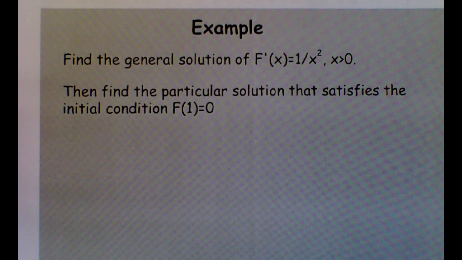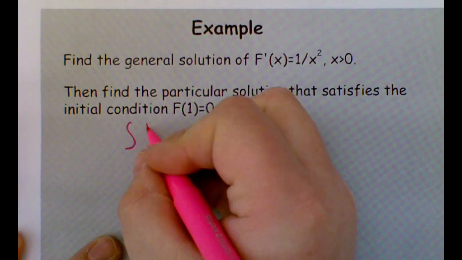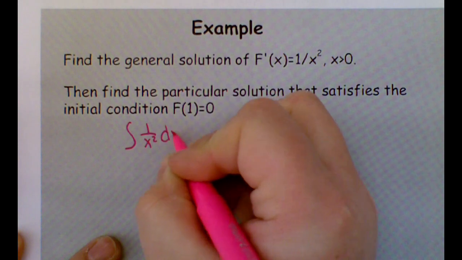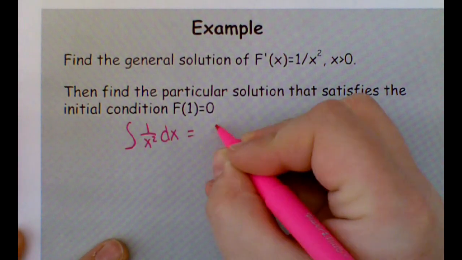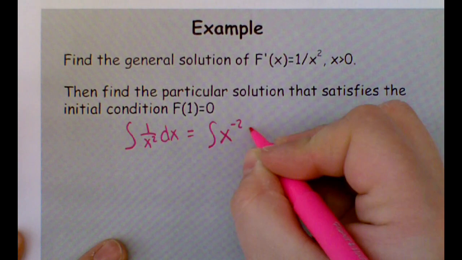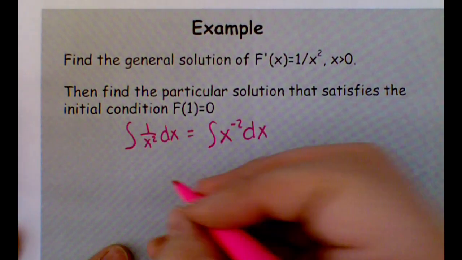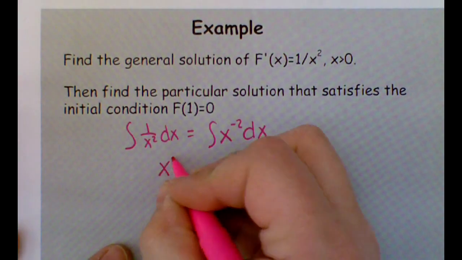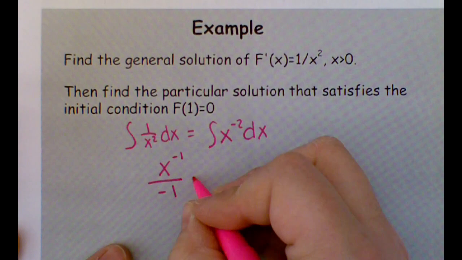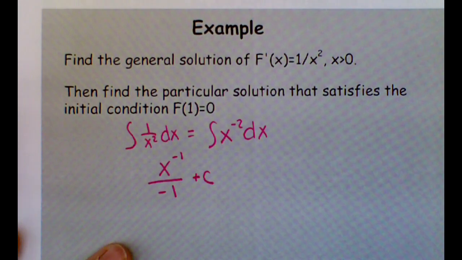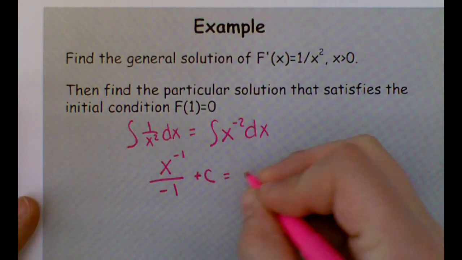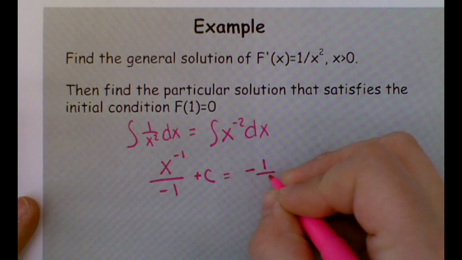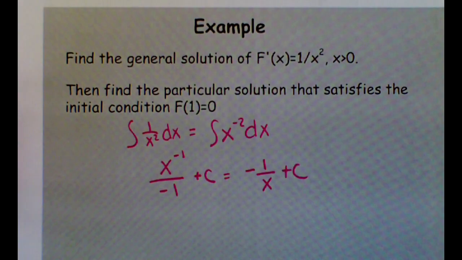So basically, we take the antiderivative of 1 over x squared dx, which is the antiderivative of x to the negative 2nd power dx, which gives me x to the negative 1st power divided by negative 1 plus c, which is negative 1 over x plus c.